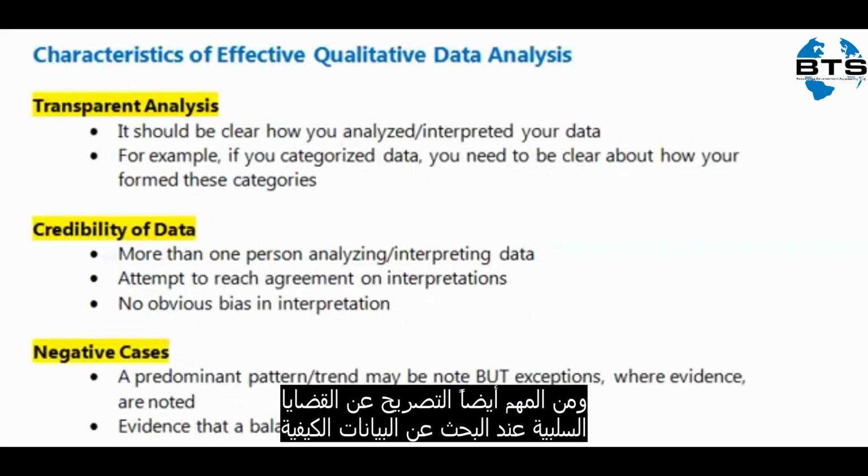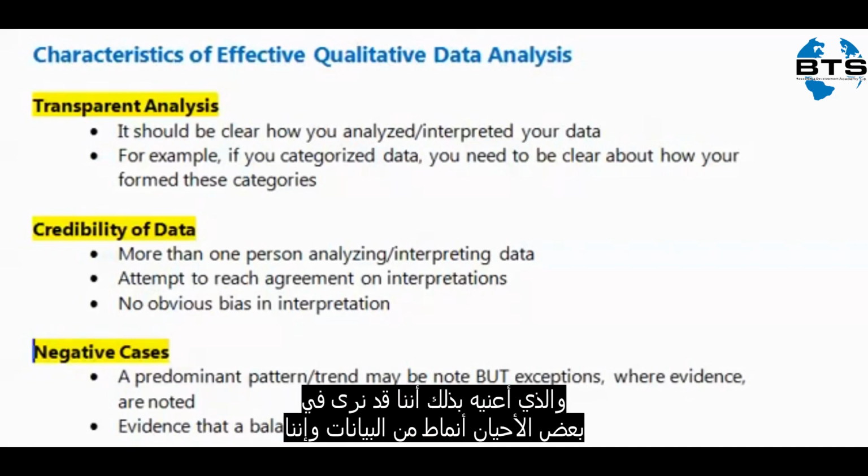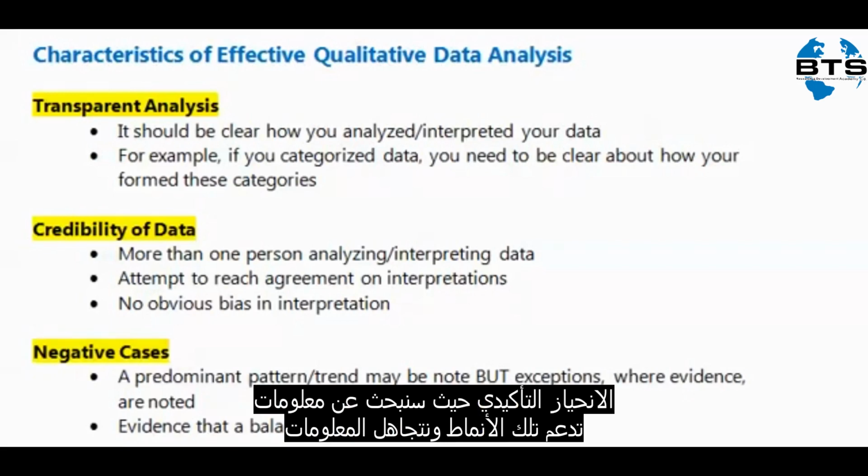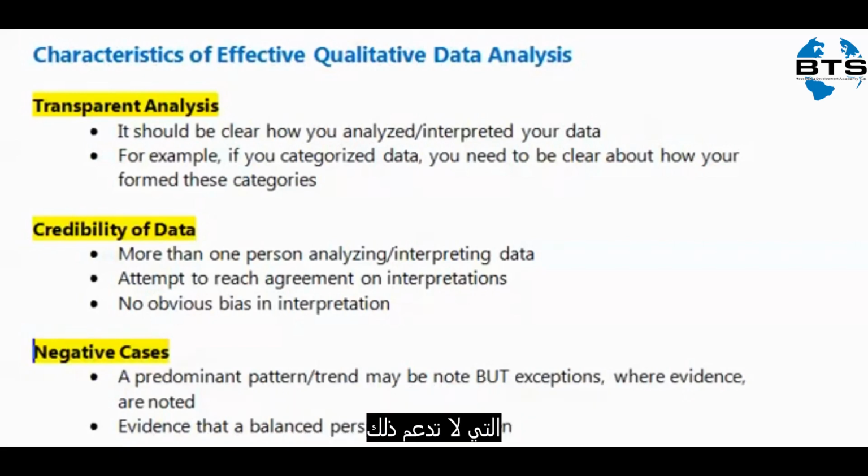It is also important to report negative cases when you look at qualitative data. What I mean by that is that sometimes we can see a pattern in the data. In fact, often we're looking for patterns. And then once we see that pattern, we start to develop a confirmatory bias. So we look for information that supports that pattern and ignore information that doesn't.